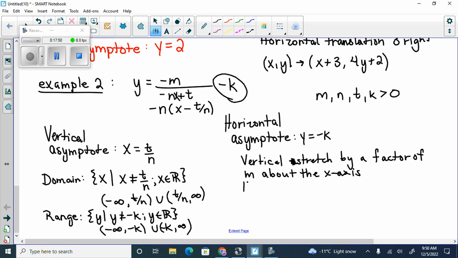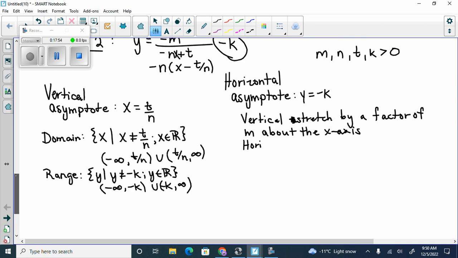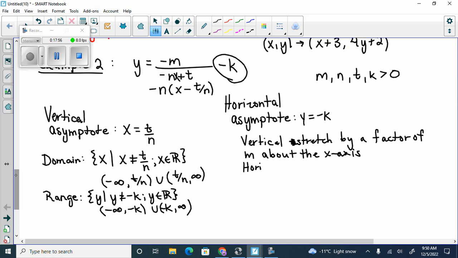Yeah, we have a horizontal stretch by a factor of 1 over n about the y-axis.